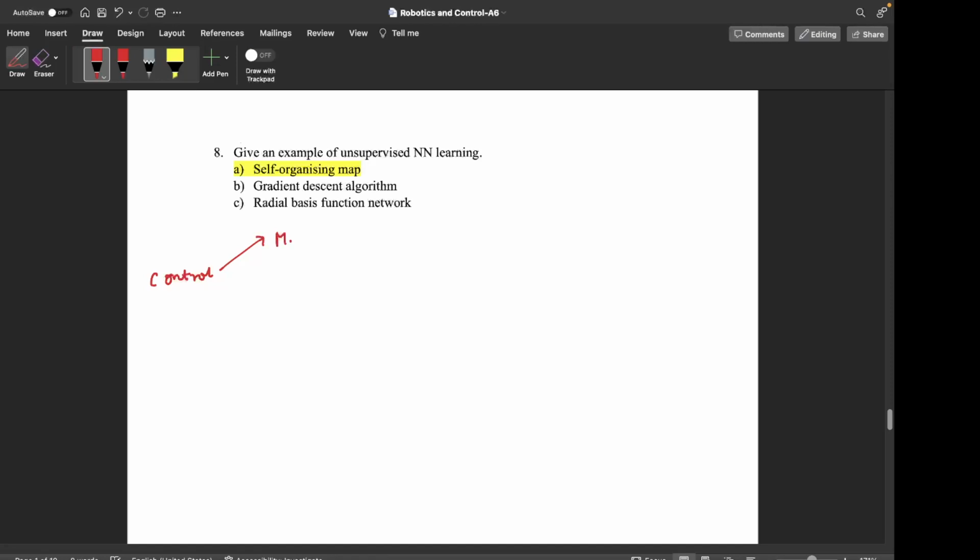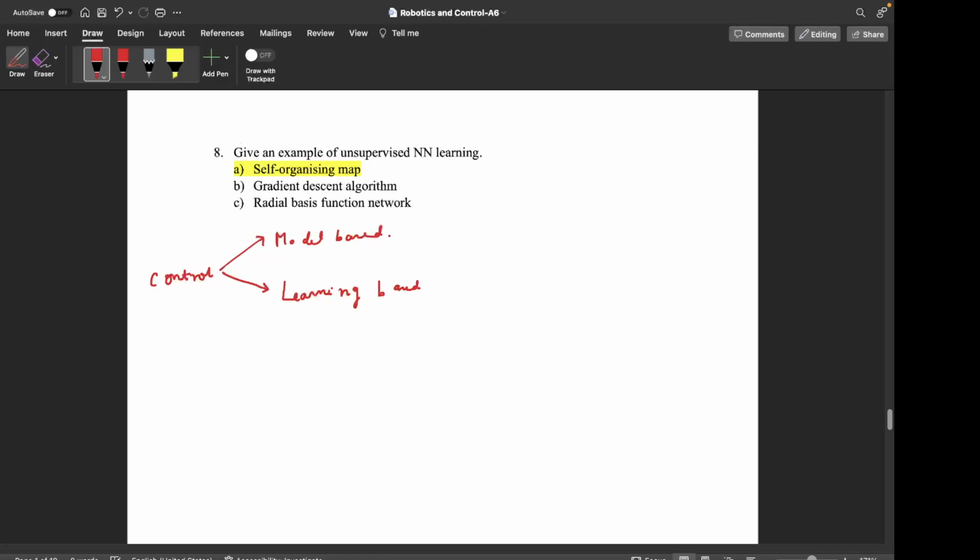One is model based, and the other paradigm is using learning algorithms, which includes reinforcement learning, neural networks and all, learning based.